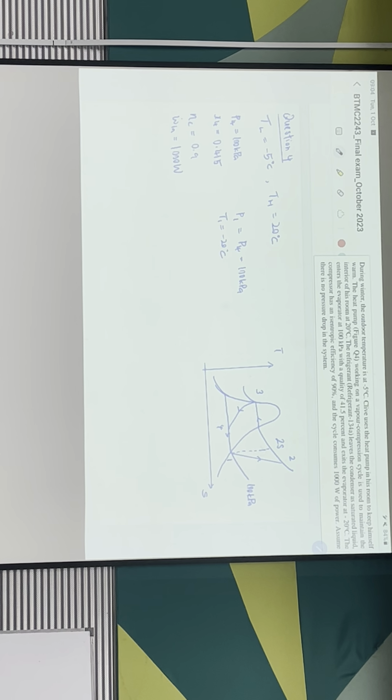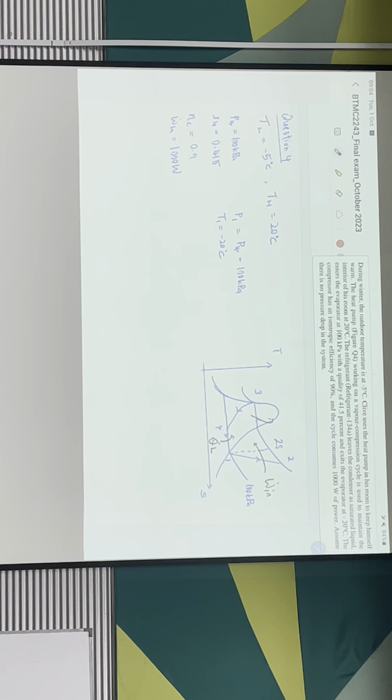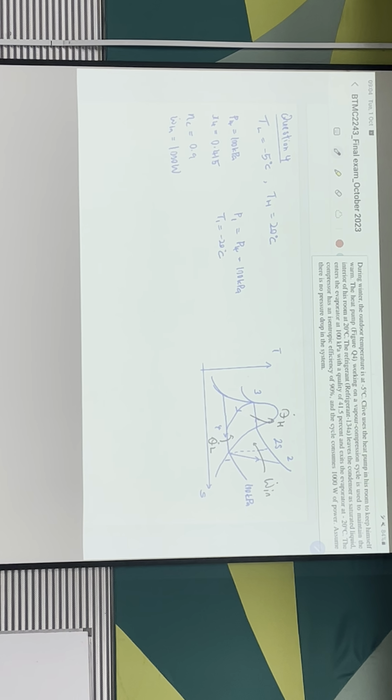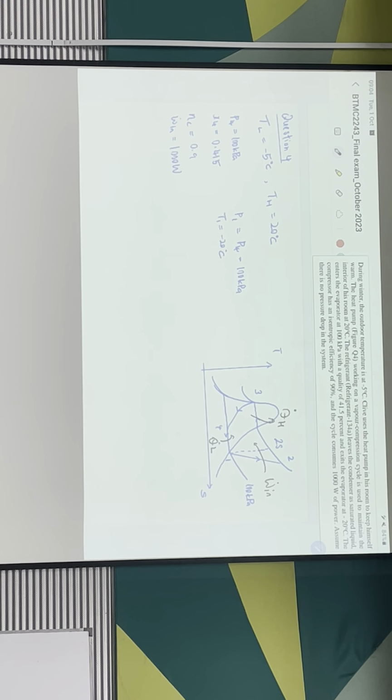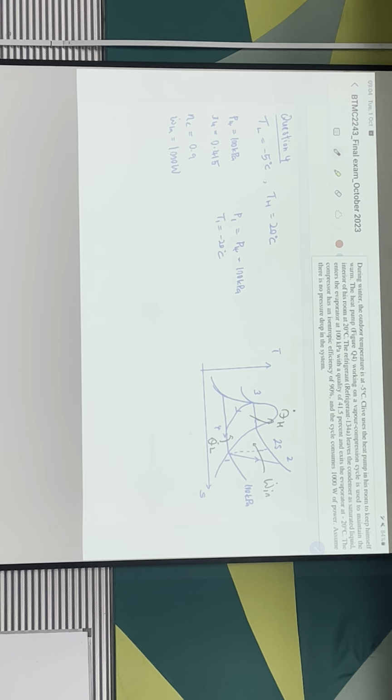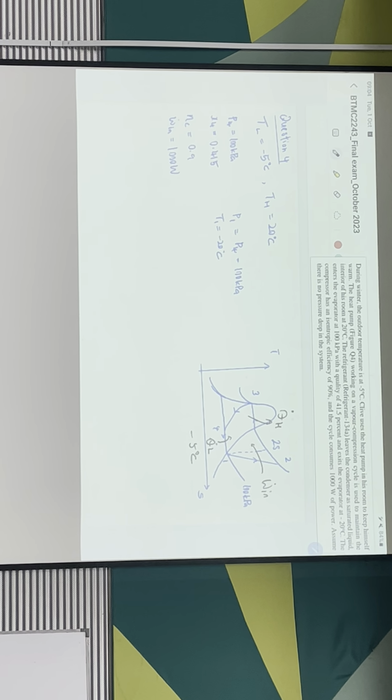So for this cycle here, we have the work in. We have QL, then QH. So -5 degrees Celsius here, 20 degrees Celsius.